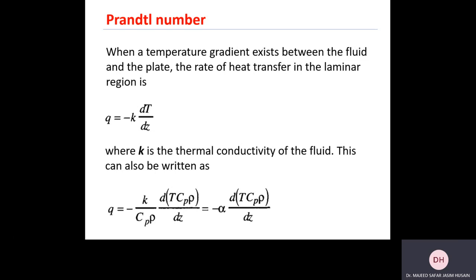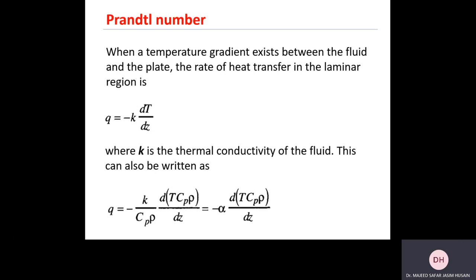So we can rewrite it again, as we have done before. Q is equal to minus K divided by Cp rho. If we introduce the Cp rho, then we have to multiply the derivative term by the same number, so it is multiplied by the derivative of T Cp rho divided by Z. We can say now that this term K over Cp rho is equal to alpha.